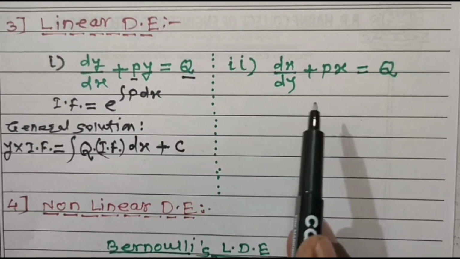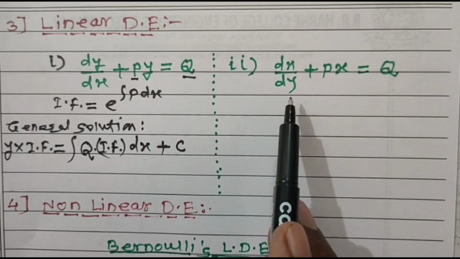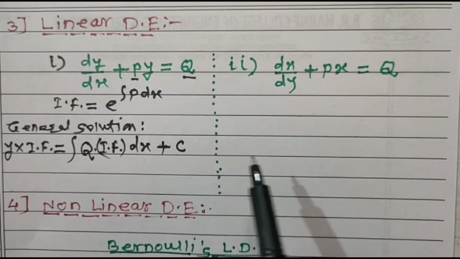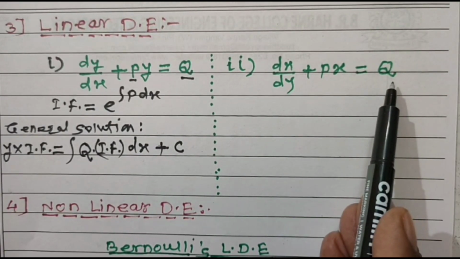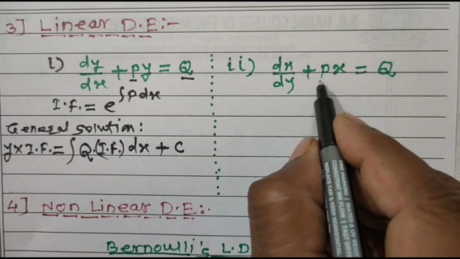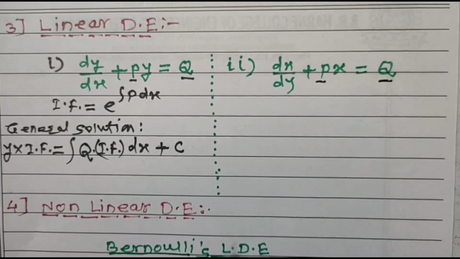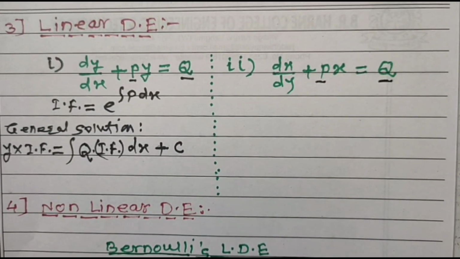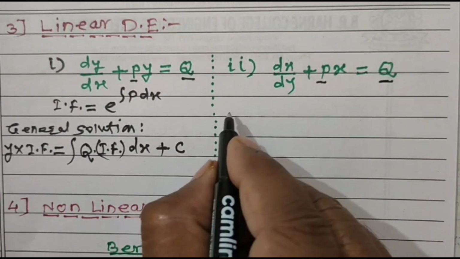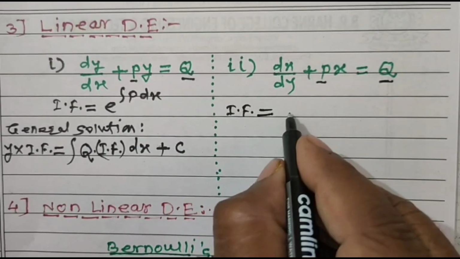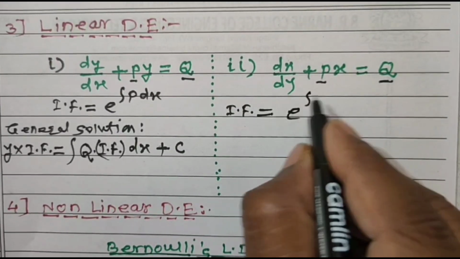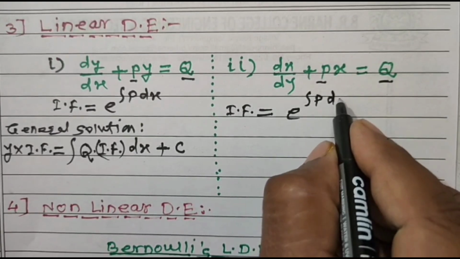Okay, now the second form, or you can say the second case of linear differential equation, dx by dy plus px is equal to q. In this case, P and Q are purely functions of y only or constants. So in this case, the integrating factor is given by i f is equal to e to the power integral of p dy.